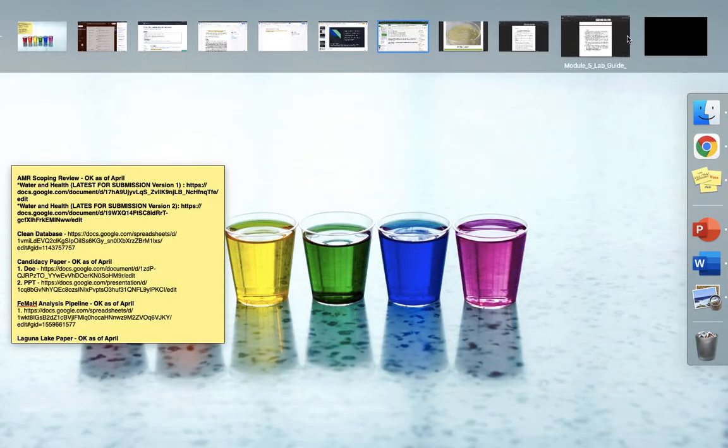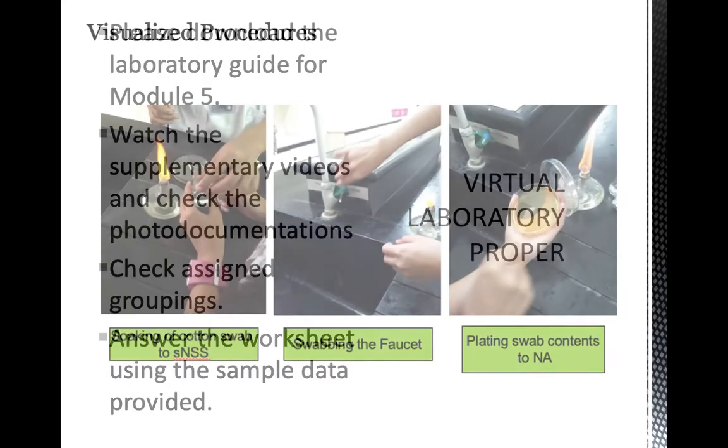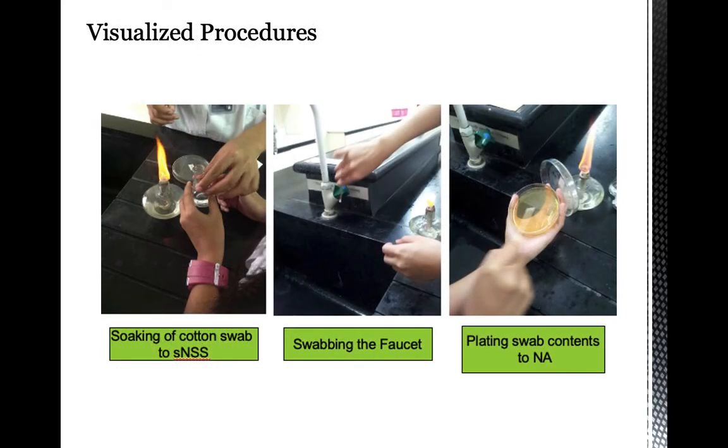Okay. Now, let's take a look at the procedure. Let's visualize it to make it easier on your part. Okay. So for isolation of microbes from the laboratory environment, we have initially isolation from faucet. So in the lab, what you are supposed to do is get a cotton swab, soak or dip it in sterile normal saline solution, which serves as your solvent.